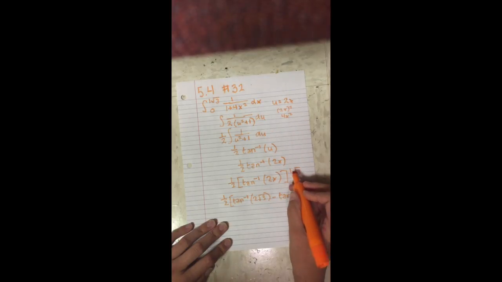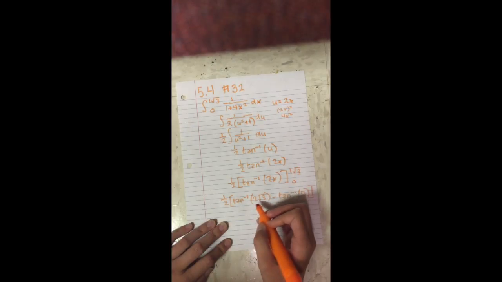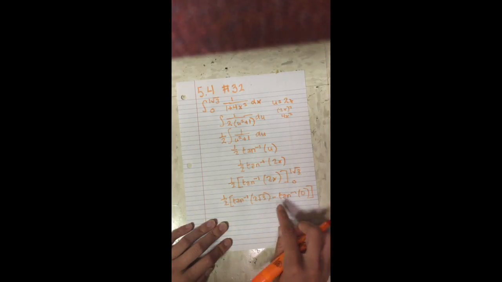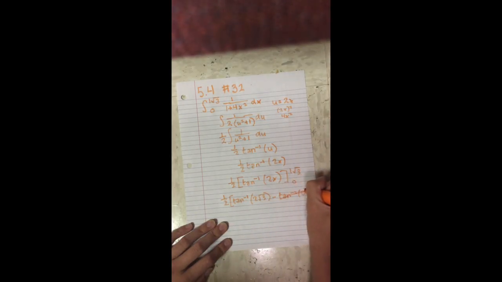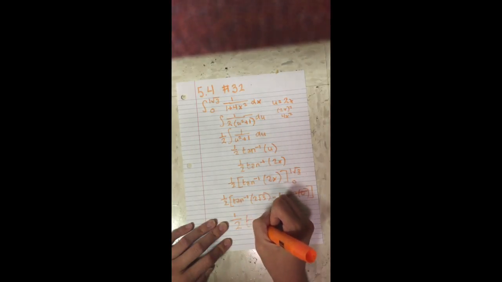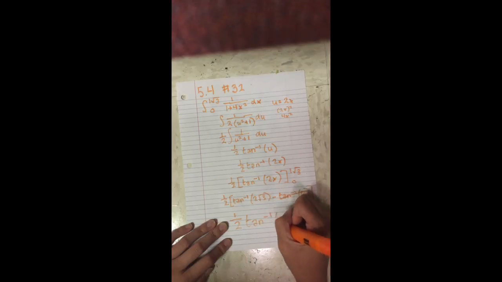So basically I just plugged each limit in and subtracted them, and this cancels out to 0, and we end with 1/2 tan^-1 2 root 3.